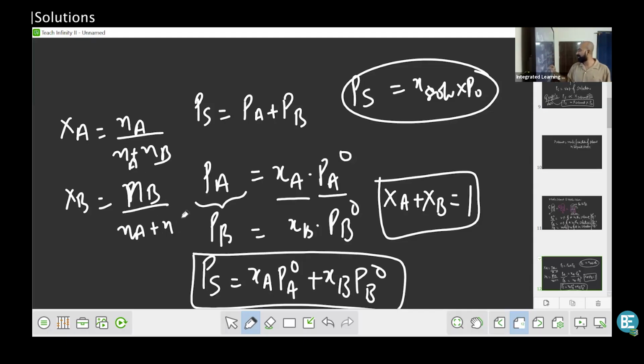Shall we do a numerical based on this? Yes, sir. So, this formula is clear for everyone, right?